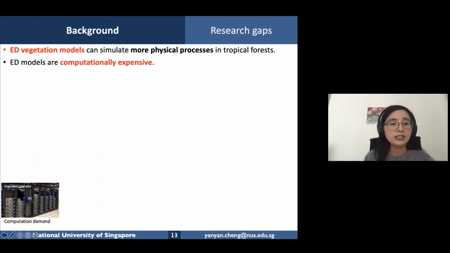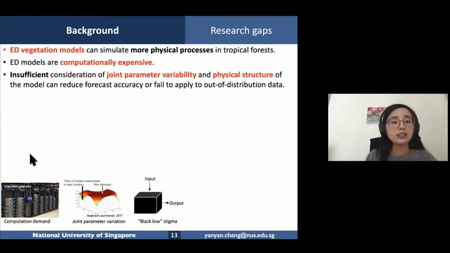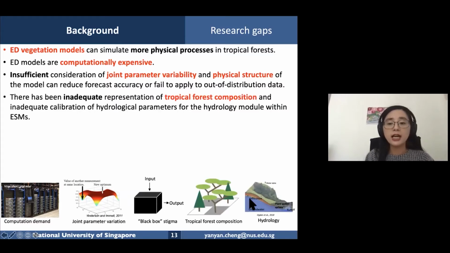But these ED models are very computationally expensive, and the existing calibration approaches have their insufficiency, such as not considering the joint parameter variation and the physical structures of the model. So they will either reduce the forecast accuracy or fail to apply to other data sets. And also, there has been inadequate representation for both the tropical forest composition and the impact of the hydrology.